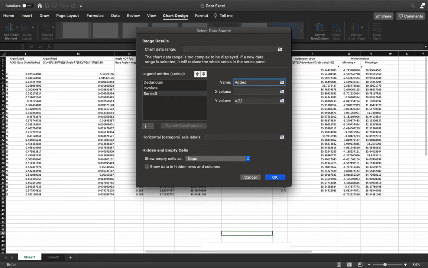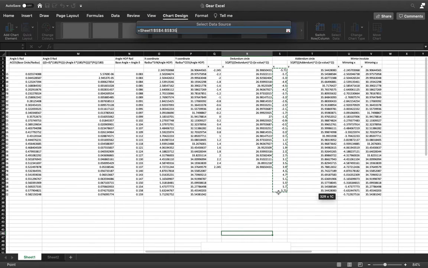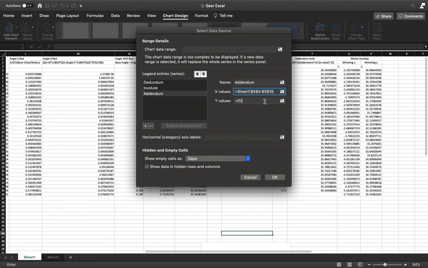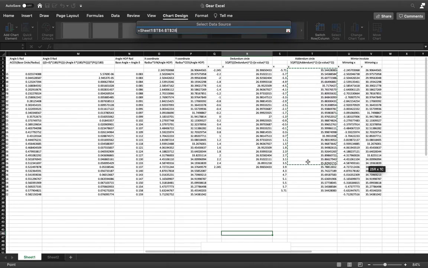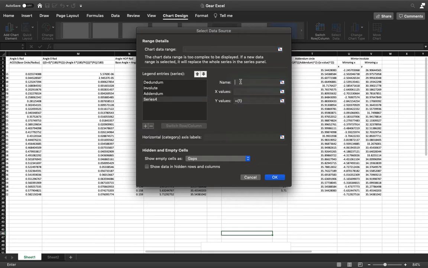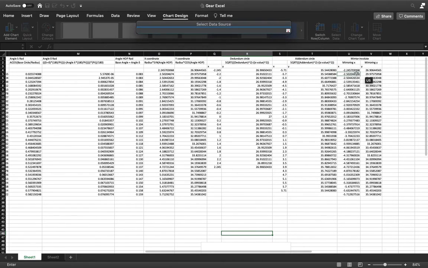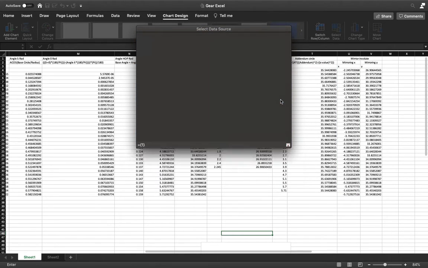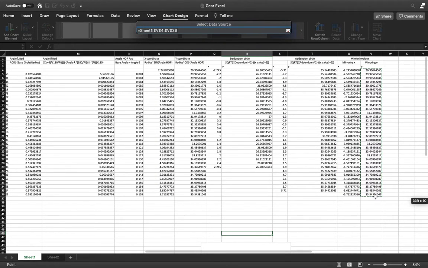Add down. X coordinates. Y coordinates. Mirror involute. Yes, and this.